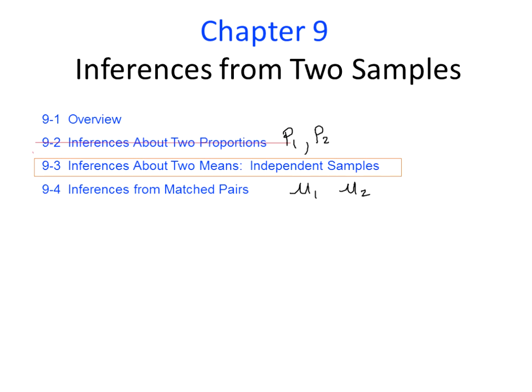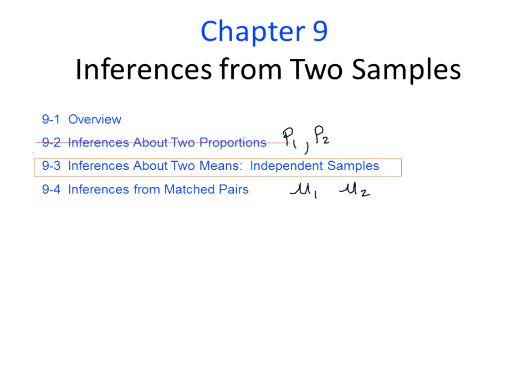We had two populations, and we're estimating the proportion from our population. So we have P1 and P2. We have two populations, and we're making an inference about the proportion for each population.